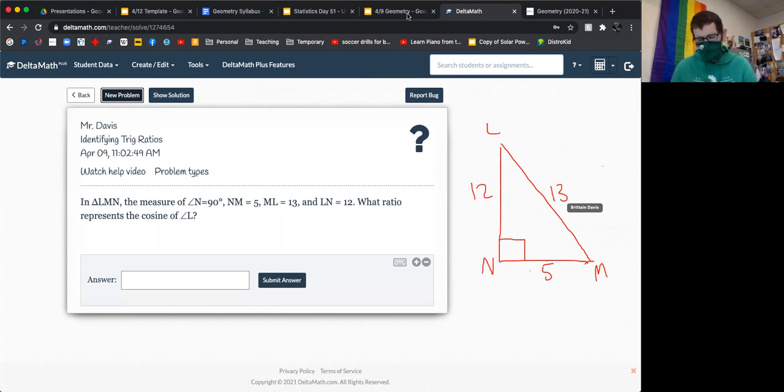So that's what my triangle looks like. Hopefully everyone's matches up. Make sure that LN matches up too. So now, since it's saying which ratio represents the cosine of L, we're really just finding the cosine of L.